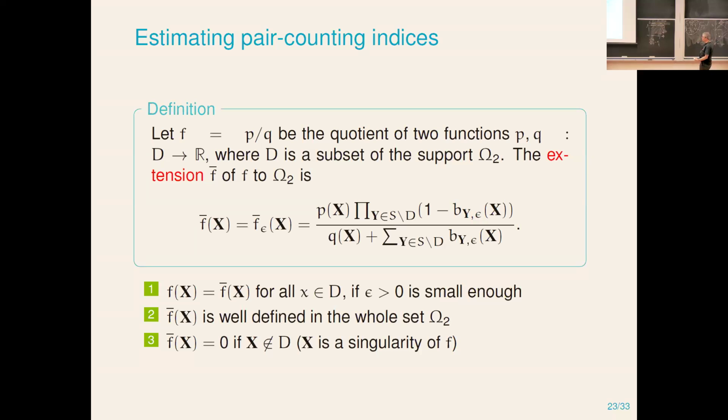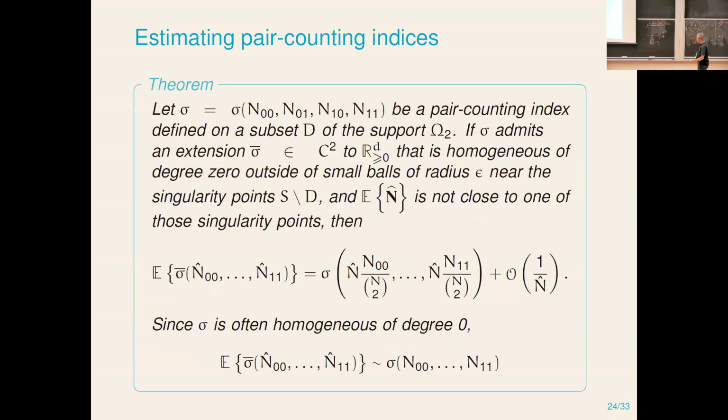Now, the extension F is not analytic, but it preserves the smoothness of F. And the point is that we can use it to prove the following result, but in practice you wouldn't use the extensions. I will explain this a bit better later. We need extensions to prove this theorem formally.